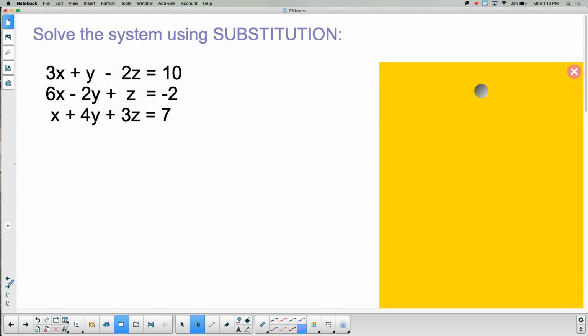5 steps. Okay? So using substitution. Now substitution, when we were doing it last week, solving systems of equations, 2 equations, 2 unknowns, what did we do first last week with substitution? Got one of the variables by itself. Then what do we do?